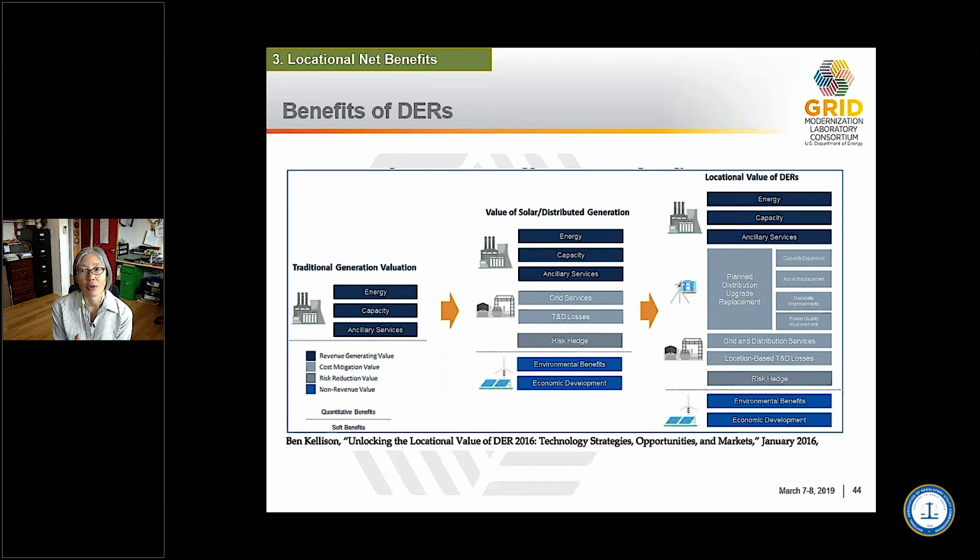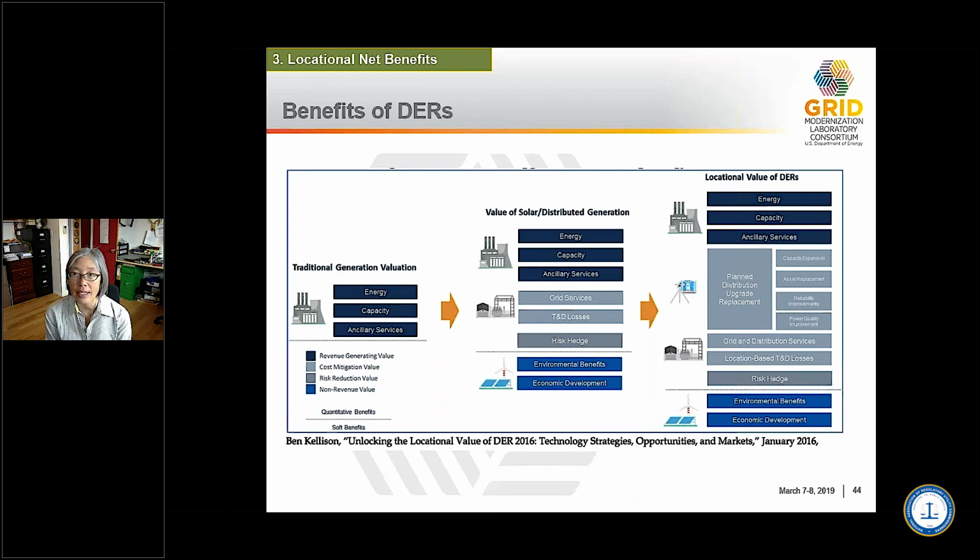And then when you really get into the locational piece, on the right, you can add to all of the things in the middle the fact that you can defer perhaps a distribution upgrade or provide some other service specific to the distribution system at that particular place.